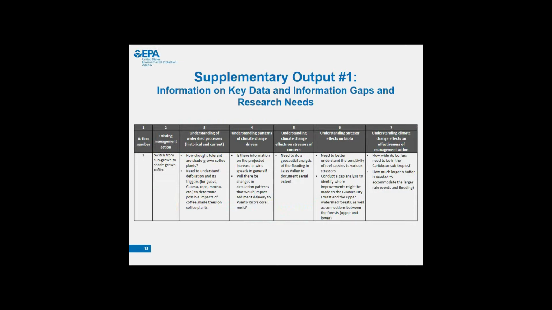So it's one of the things I'm debating, and maybe it might be useful for us to provide an example where we've just refined down to a key set of research questions, for instance, that are needed for the Guanica Bay watershed, that are common questions that apply to many actions.